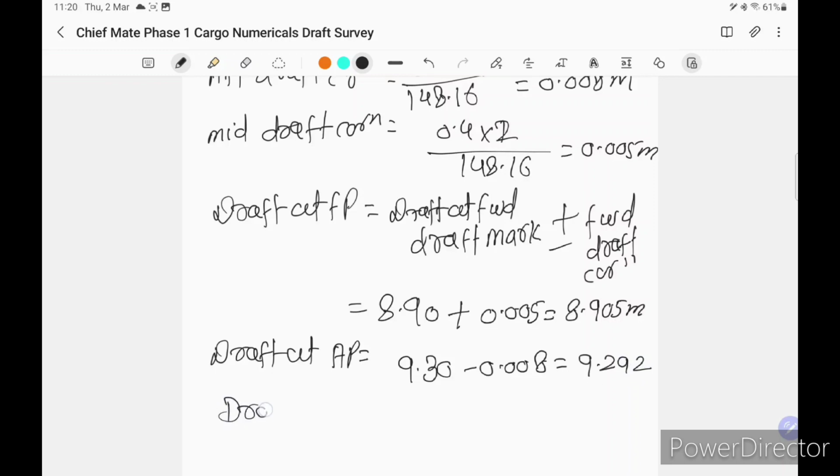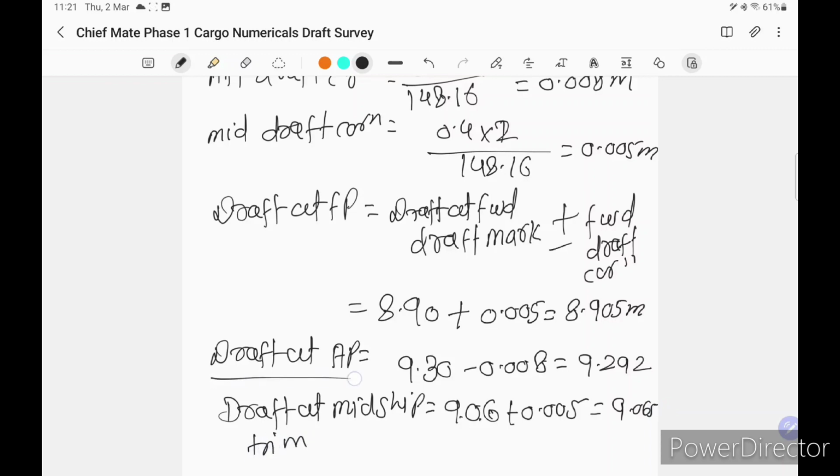And draft at midship, it is also ahead of the midship and we have the trim by stern, so it will become positive. So 9.06 plus 0.005 is equal to 9.065. And the trim between the draft at aft perpendicular and draft at forward perpendicular is 0.387 meters.